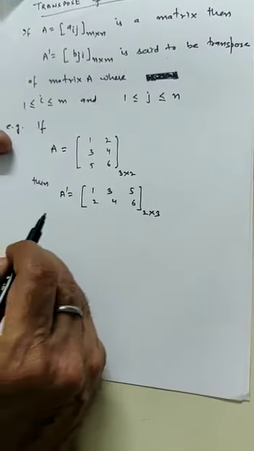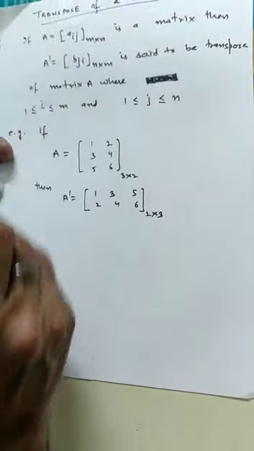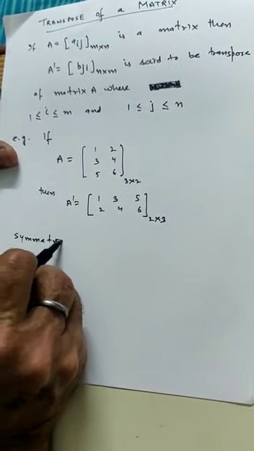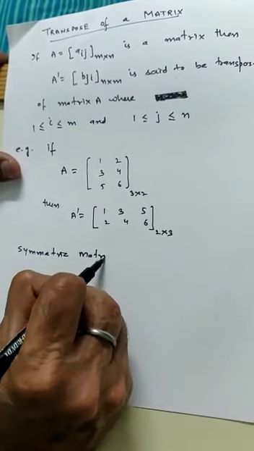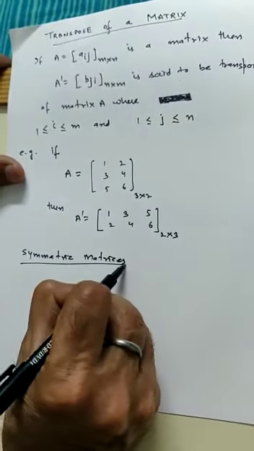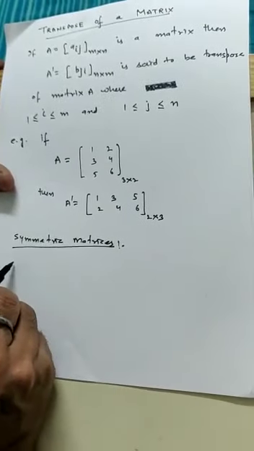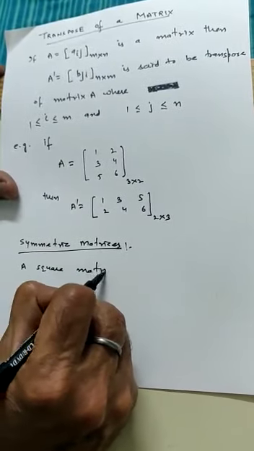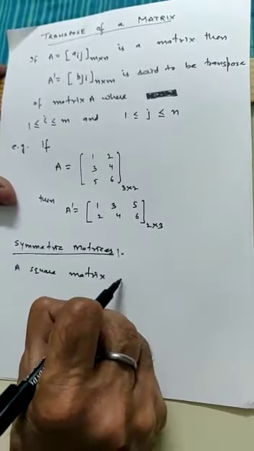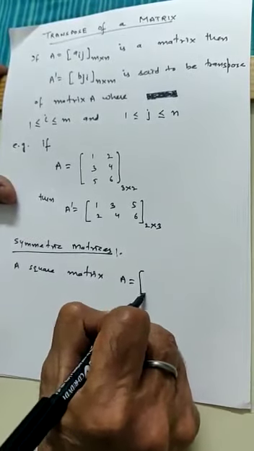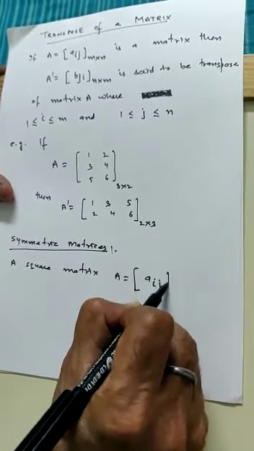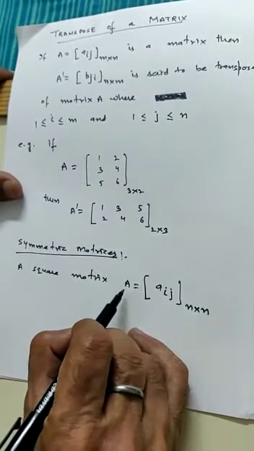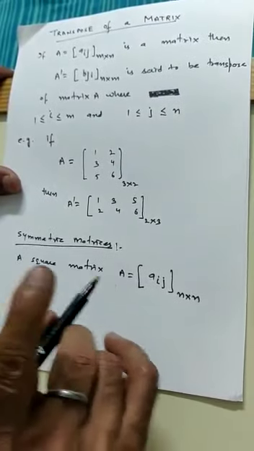Now, the other topic based upon this transpose of matrix is symmetric matrices. A square matrix A = [aij] n cross n, because symmetric matrix is linked only with the square matrix.